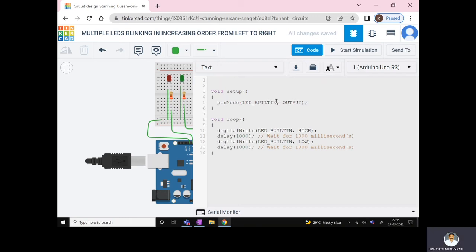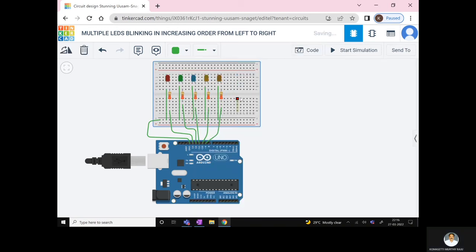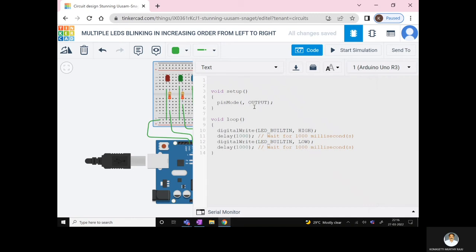Pin mode. Here we use pin mode. We select the 13th pin. Here we select 13, 12, 11, 10, 9. First of all, configure these pins. These pins act as output pins. Pin mode, here the 13th pin acts as output.